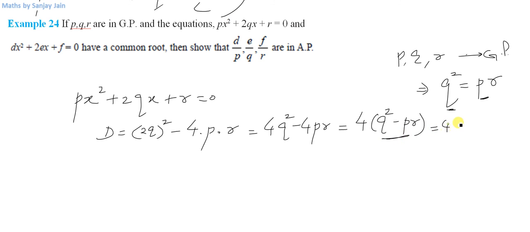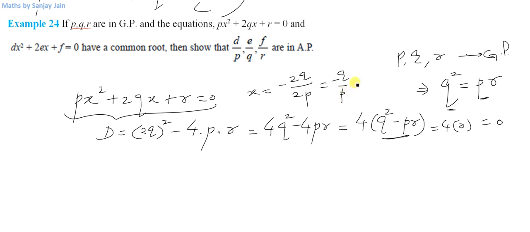So this is equal to 4 into 0, hence equal to 0. So the discriminant of this quadratic is 0, hence its roots will be equal, and they will be equal to minus b by 2a, that is minus 2q by 2p. So minus q by p and minus q by p. These will be the roots of this quadratic equation.